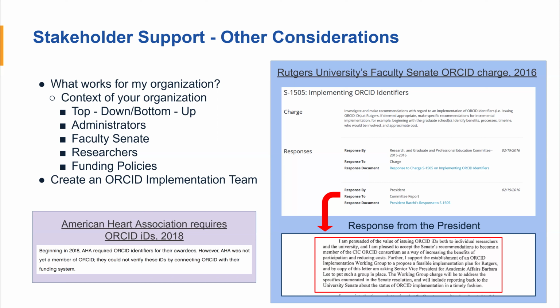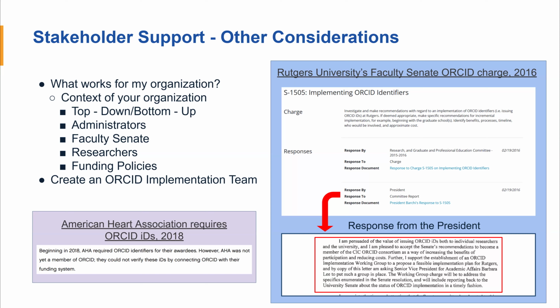Perhaps another context of your organization, if you're a funding agency, is researchers, awardees, or grantees, which is important in that sense. So what kind of things do they want to see? Perhaps they want to have the funding information in their ORCID record. Or perhaps as a funding agency, your policies have changed and you want to make sure that you are including ORCID IDs in your application process or in your funding life cycle, the grant life cycle.